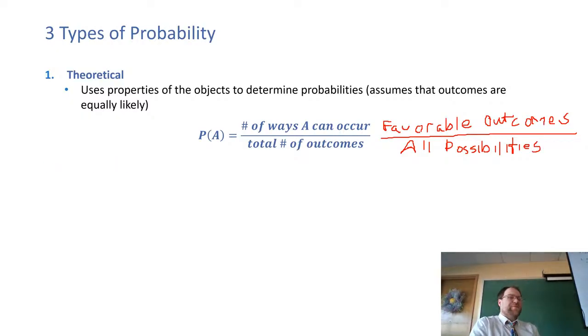The thing with theoretical probability is that we could run the experiment infinitely many times, and we would be able to arrive at an answer.